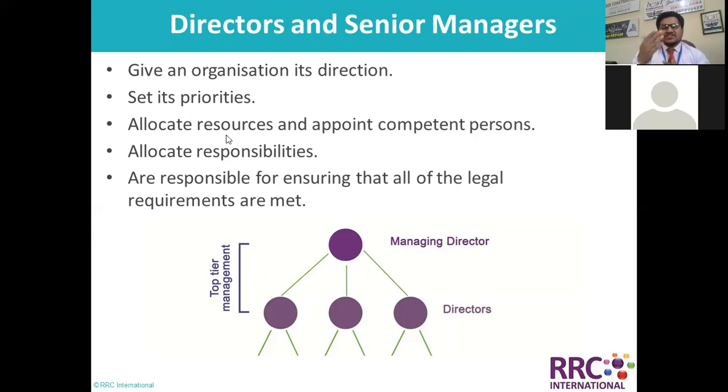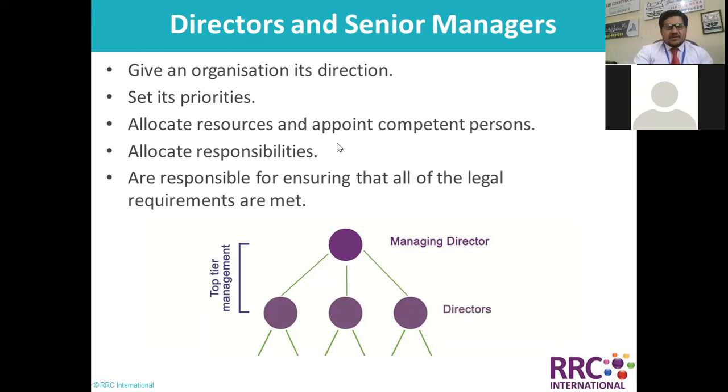Then as a director or as a senior manager, you can't give any excuses, because the company has provided you sufficient resources along with authorities as per your agreed responsibilities. So it's not a good thing as a professional to give excuses.